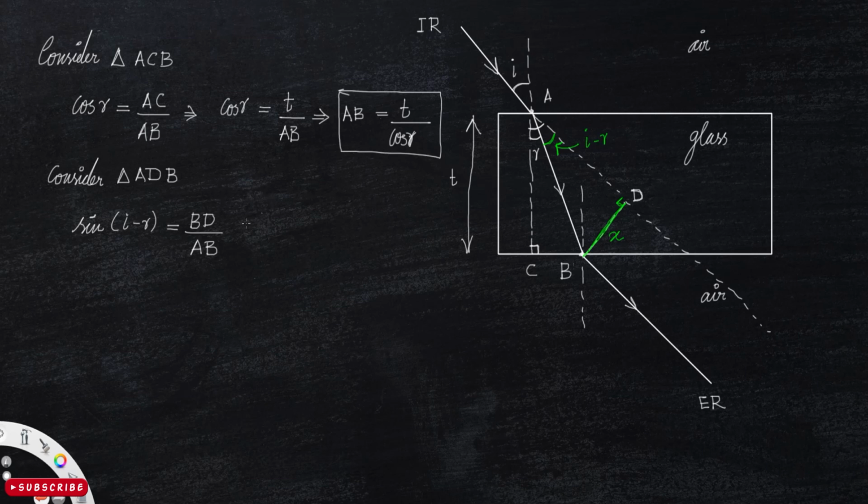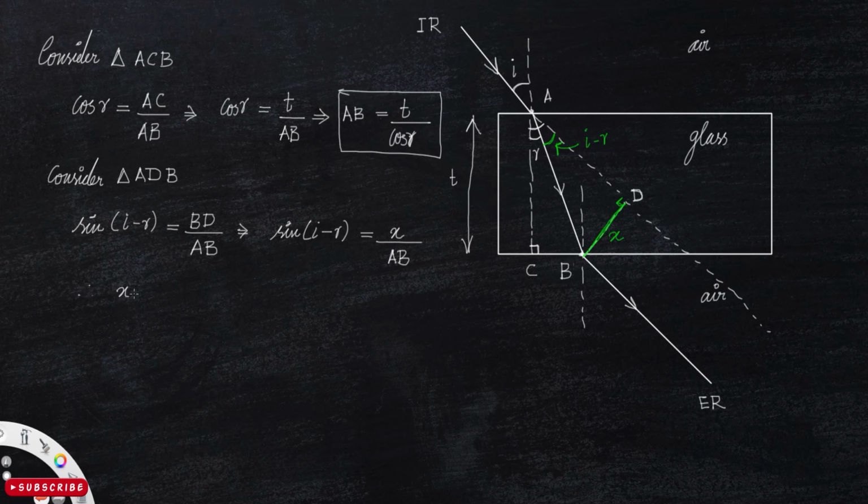Okay. So BD is actually x, the lateral displacement. x is equal to, if you take this AB to the right, or let me write, sine (I minus R) is equal to x divided by AB.